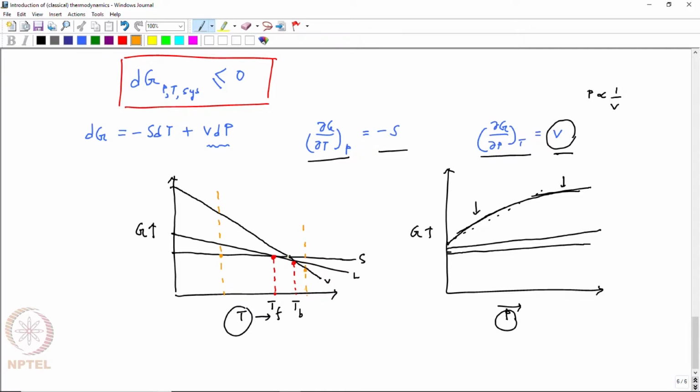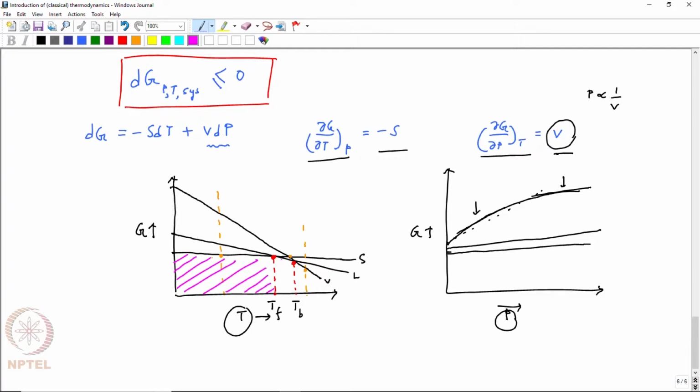So similarly, this solid to liquid transition will not happen at this pressure the way we have drawn it, because I see that up to the TF temperature, this entire region, the solid is the most stable form, because this curve for the solid actually lies lower.